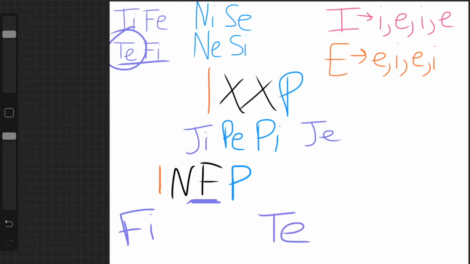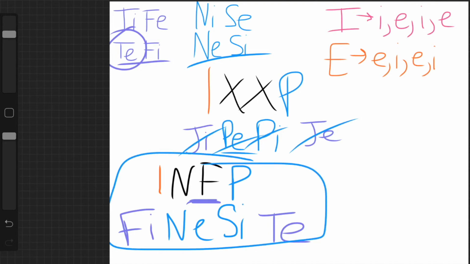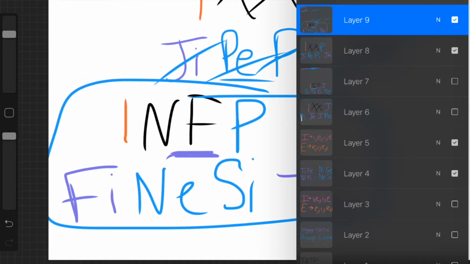Fi has to be followed by Ne because we have an extroverted perceiving function, and it has to be extroverted intuition because this is an intuitive. So Ne must be followed by Si. Now we can cross these out, and then we have this complete stack for an INFP.